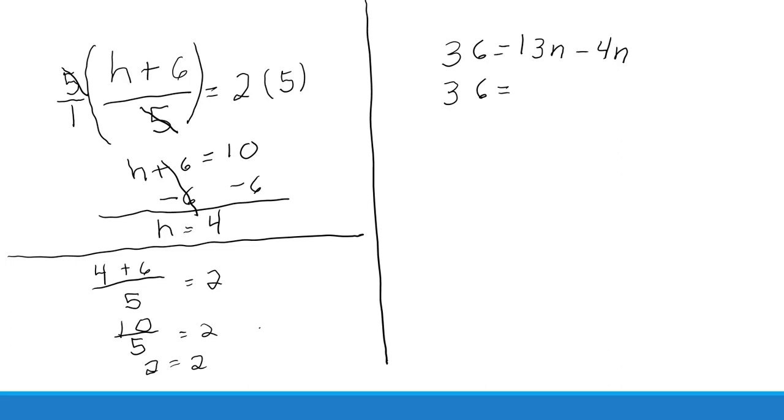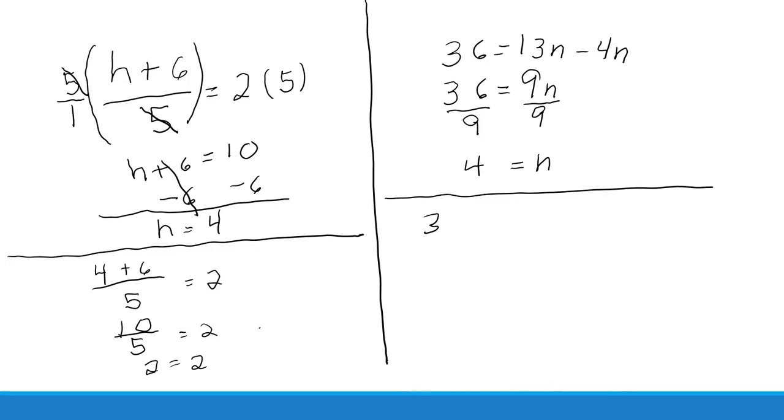So since there's a subtraction sign, I'm subtracting 13 and 4, which gives me 9n. And now I want to get the n by itself, so I'm going to divide both sides by 9. N is equal to 4. So we can check this.